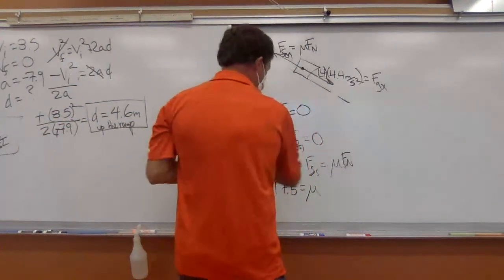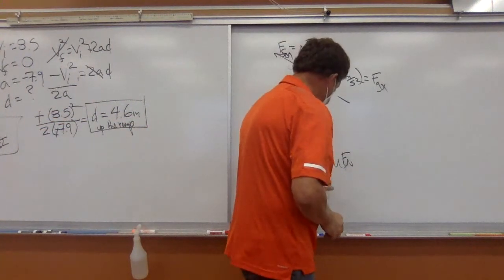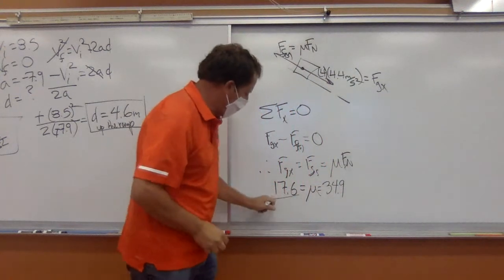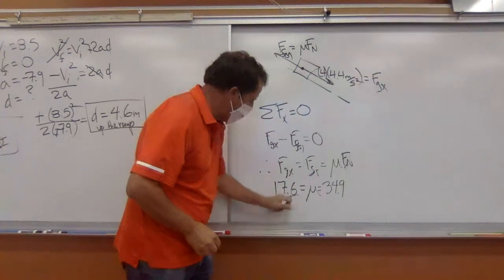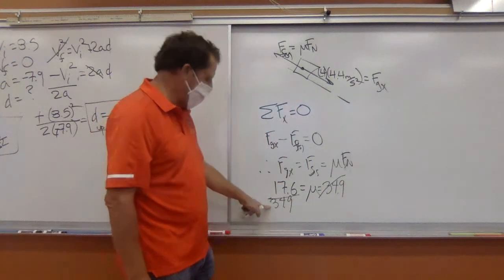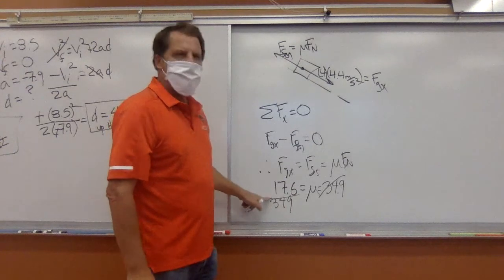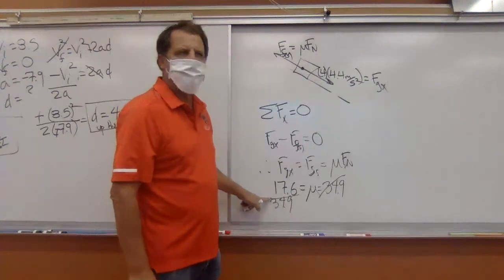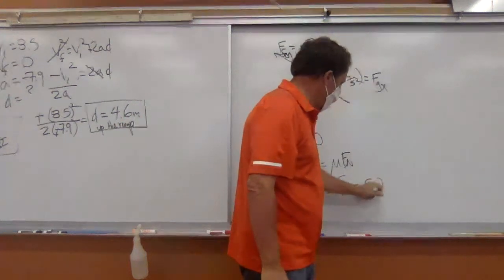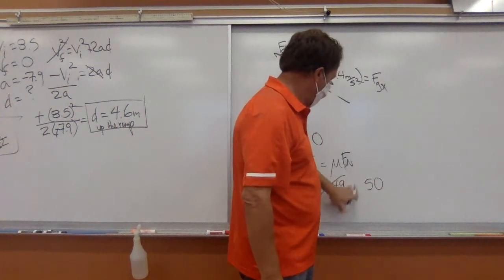Now we're going to say mu times 34.9, and we can divide both sides by 34.9. 17.6 divided by 34.9 is just a little more than 0.5. It's 0.504.